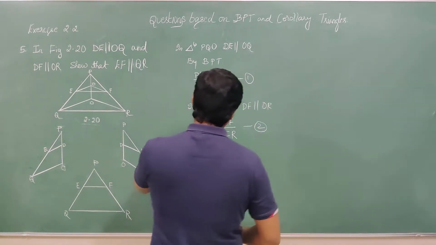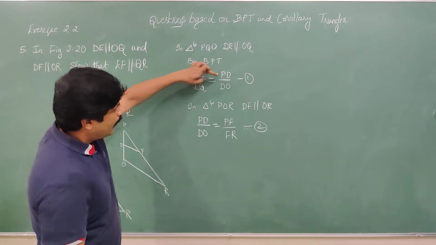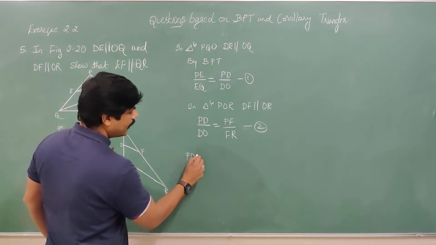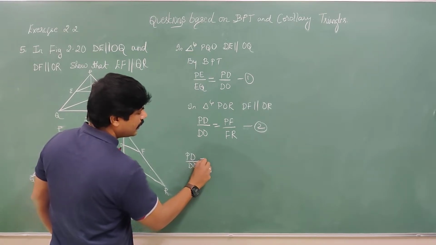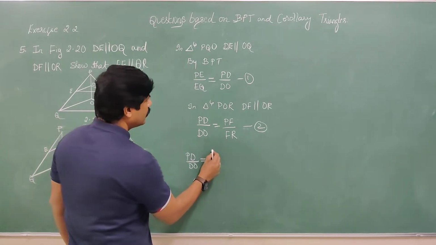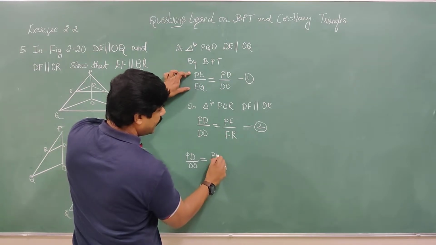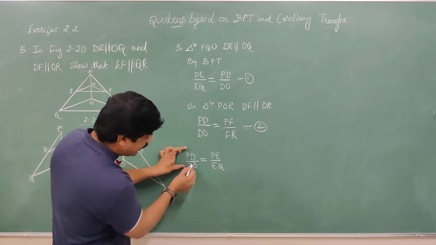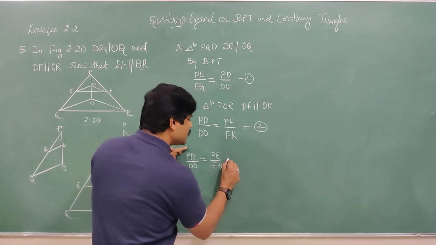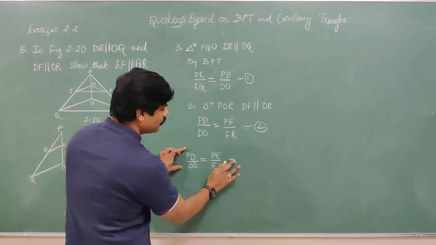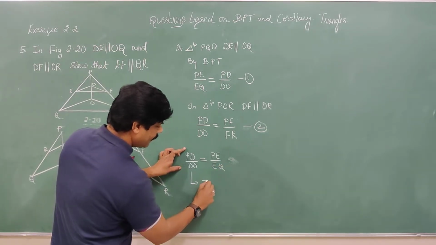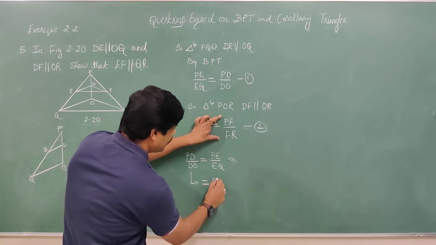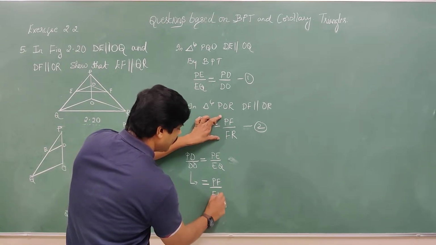Now see that from 1 and 2, observe properly. PD by DO is equal to PE by EQ, and PD by DO is also equal to PF by FR.